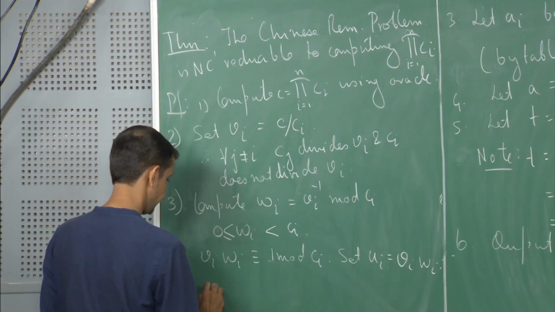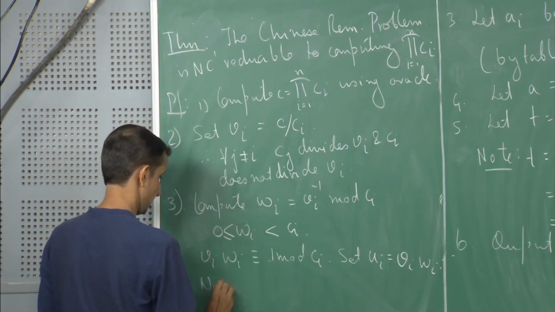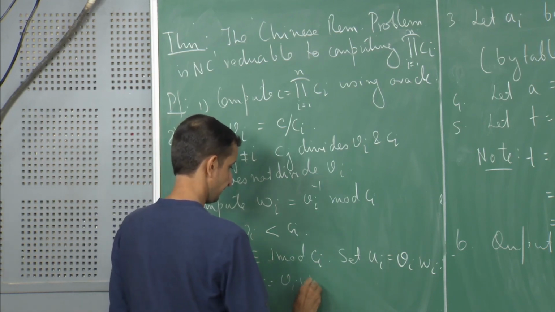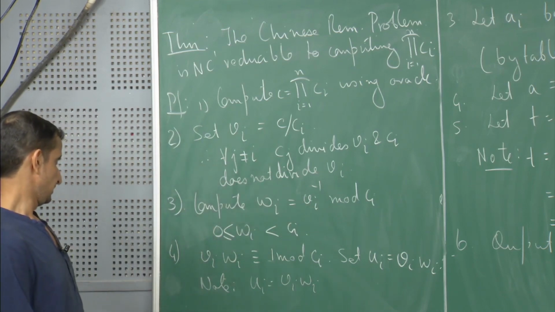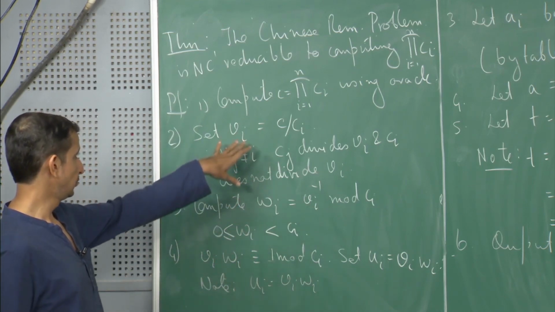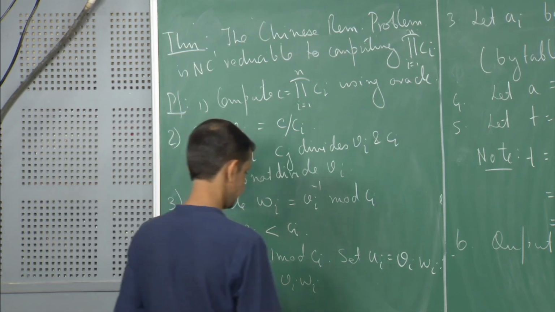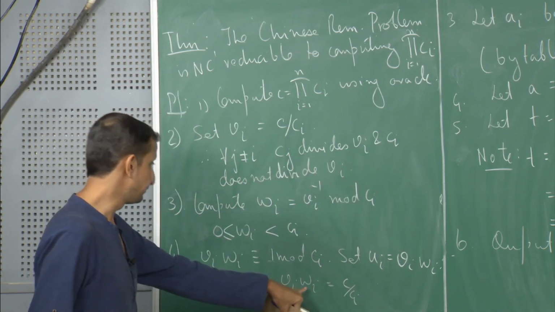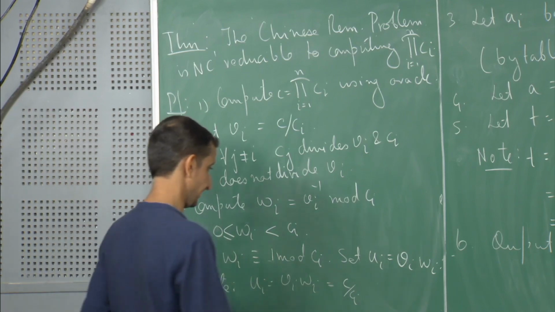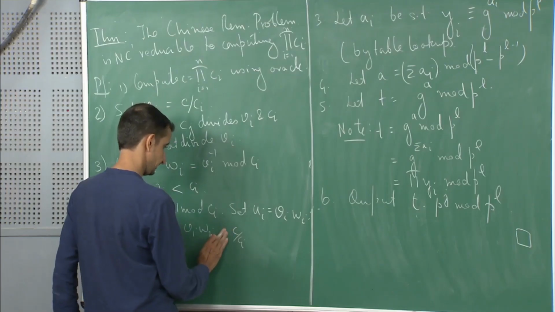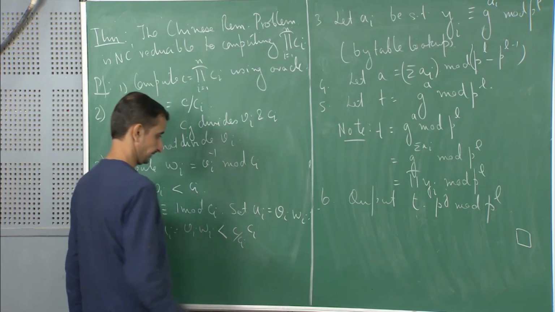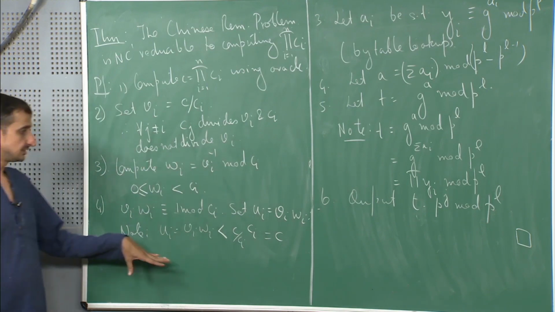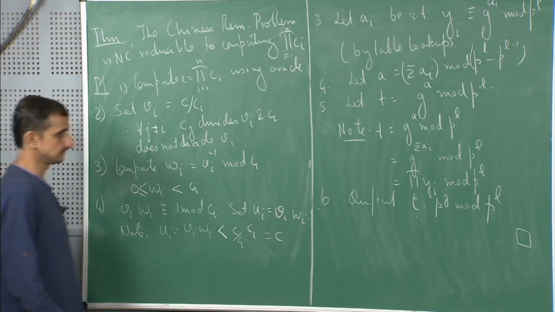So note that Ui, which is equal to Vi Wi, where Vi is nothing but C by Ci, and Wi is at most Ci. So this quantity is at most C. So each Ui is bounded by C for us.